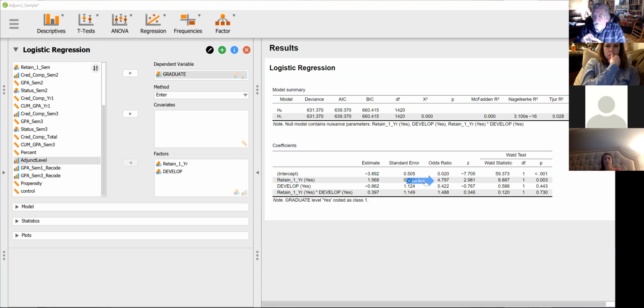People that were retained at the end of the first year into the second year were almost 5 times more likely to graduate. And that's why retention is such a big deal. Even if people might come back, you would prefer that they not leave.